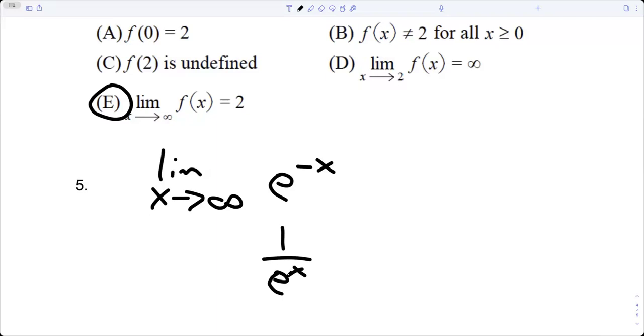If I plug in 0 for x, I get 1. If I plug in 1 for x, I get e, which is like 2 point whatever. If I plug in 1,000, I get e raised to 1,000. So what's happening to the denominator? It's getting larger and larger and larger, therefore the value of this limit is 0. Which one's your vote?